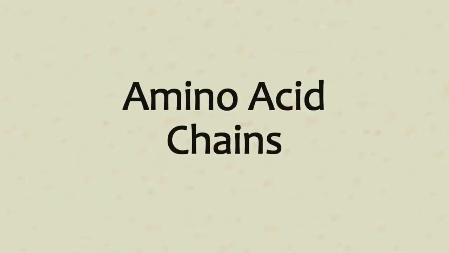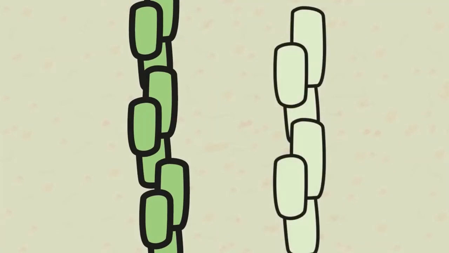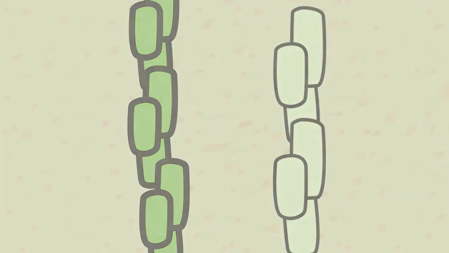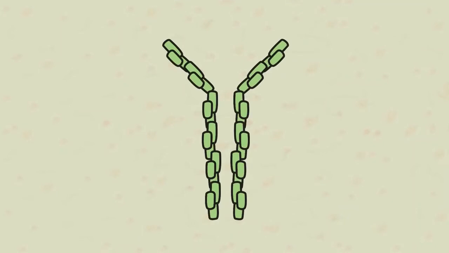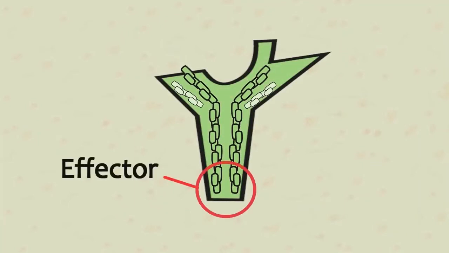Immunoglobulins are constructed from 2 types of amino acid chains, heavy chains and light chains. Ig molecules contain 2 identical strands of heavy chains and 2 identical strands of light chains. The side of the Ig that has 2 heavy chains forms a stable non-variable receptor point called an effector.